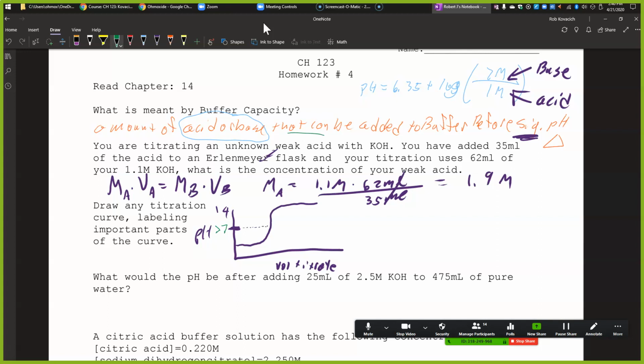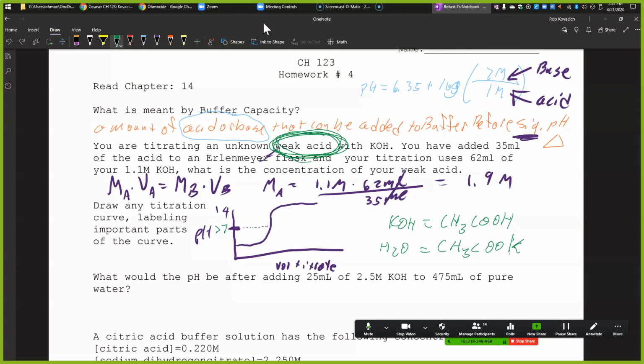This is an unknown weak acid. So that means when my potassium hydroxide concentration equals, we'll just say this is my acetic acid, they cancel each other out. Now I'm at the equivalence point. But what I have now is water molecules and CH3COOK.